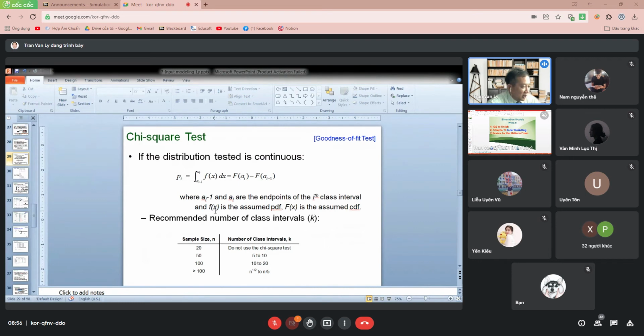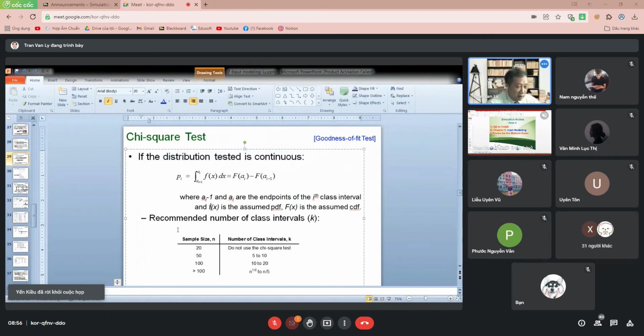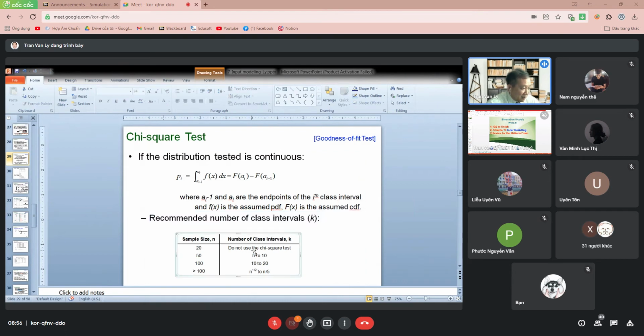So you see here, one example. In such case, if we think it is continuous, we follow this one. We recommend the number of class intervals here. This is a recommendation.